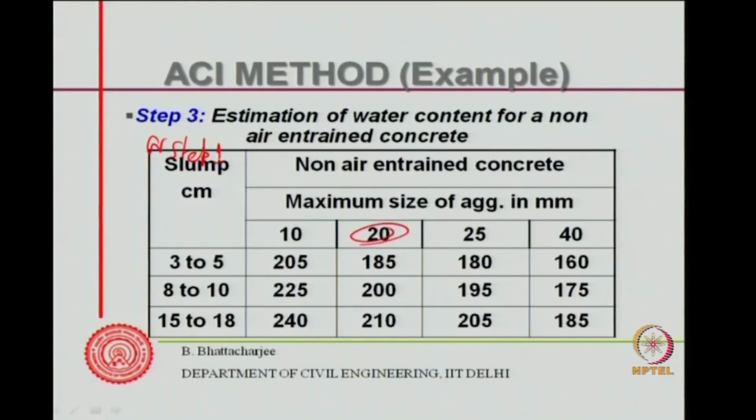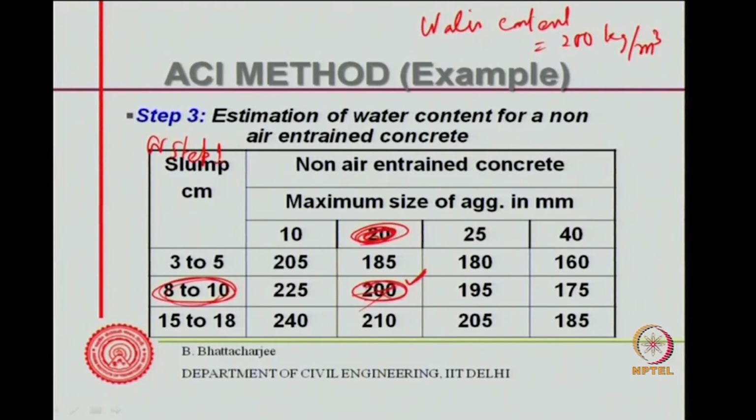Now, my MSA is 20, my slump is 8 to 10 centimeter, 80 mm, therefore my water is 200. So, water content is 200 kg per meter cube. That is the first step.